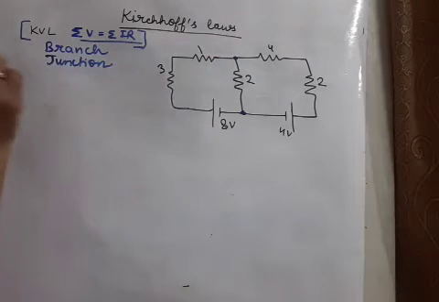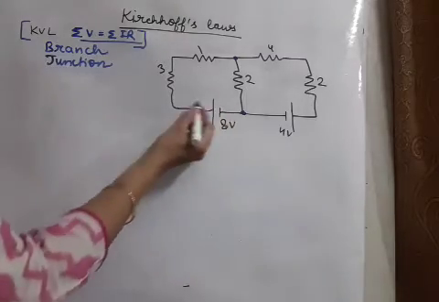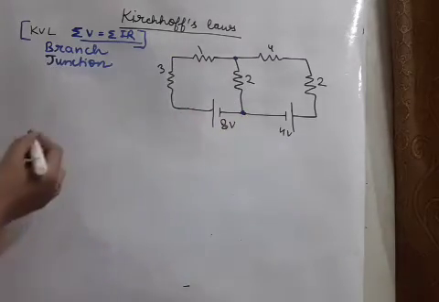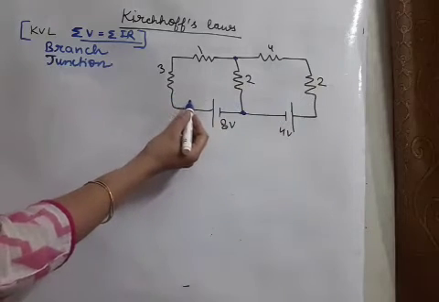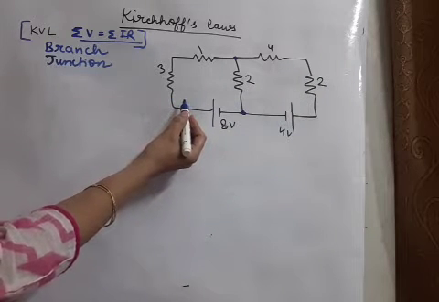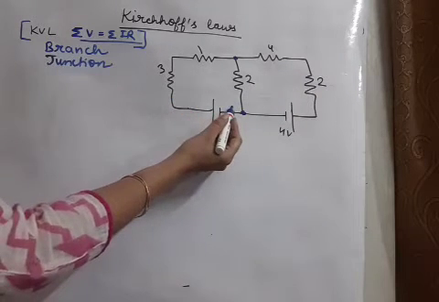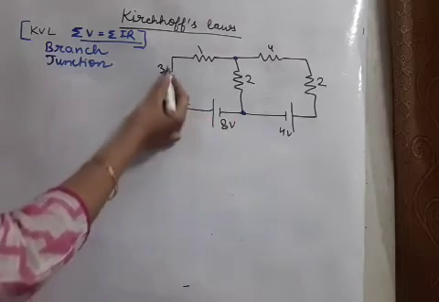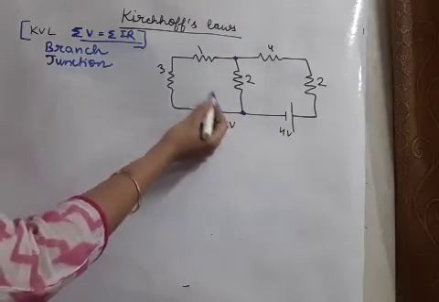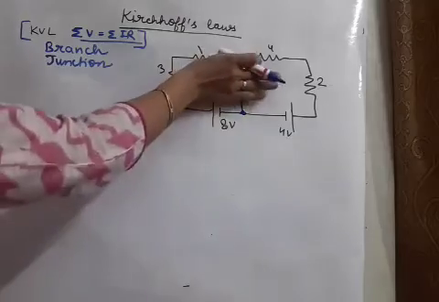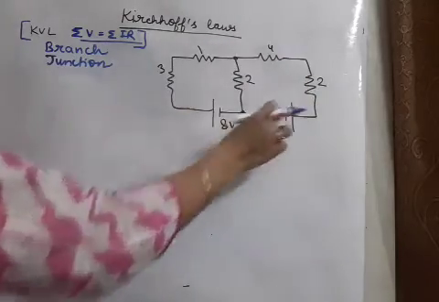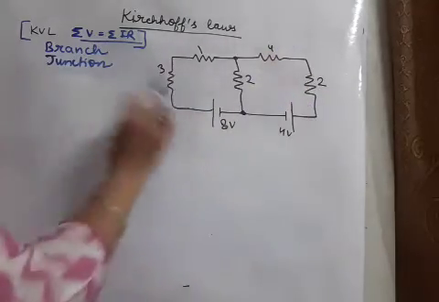Then the third thing is the loop. A loop means a closed path of the circuit. This is the whole circuit. If we take single closed paths only, a single path of current, this is a complete closed path, so this is loop 1, this is loop 2, or if we hide it and only take the outline, that is also a loop.